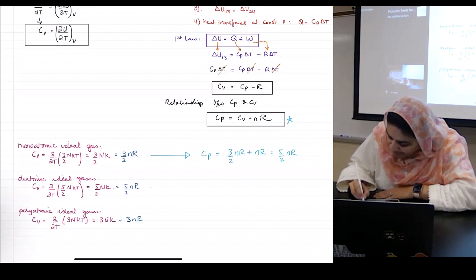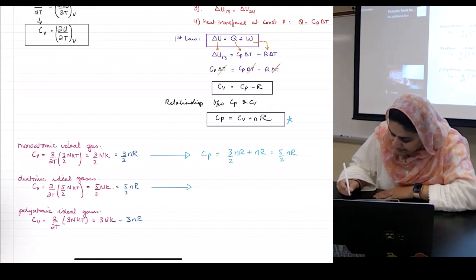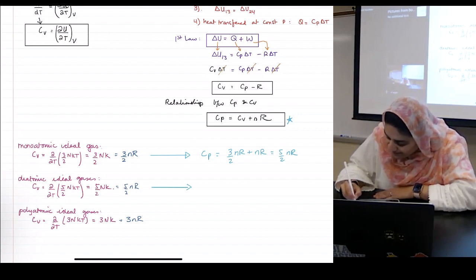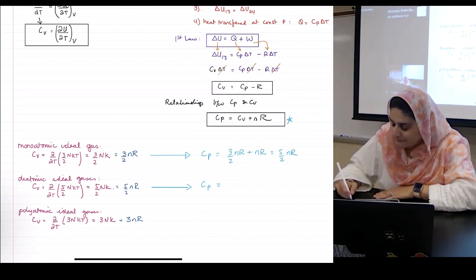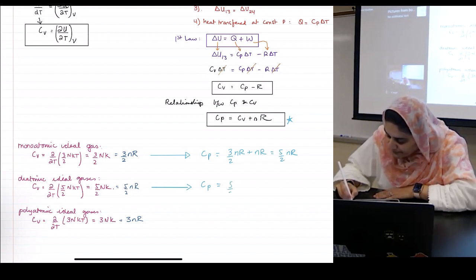If I talk about the diatomic ideal gas, how do you think I will find the CP value? The heat capacity at constant pressure. Yep. What will be the answer?